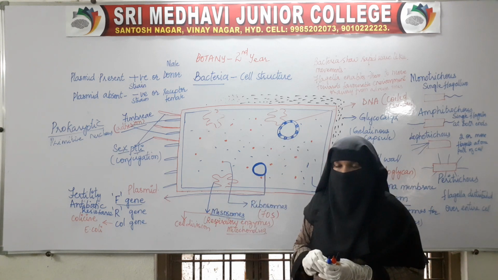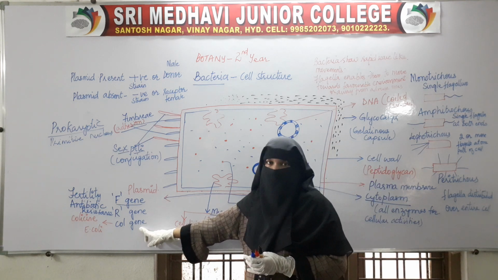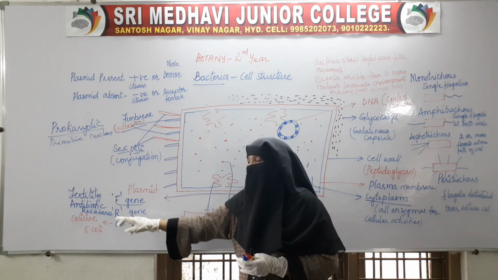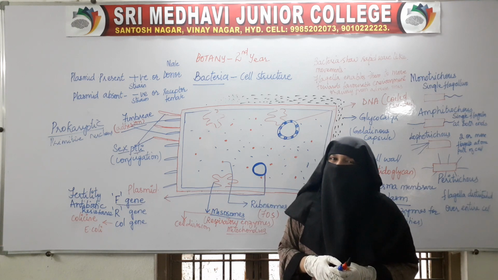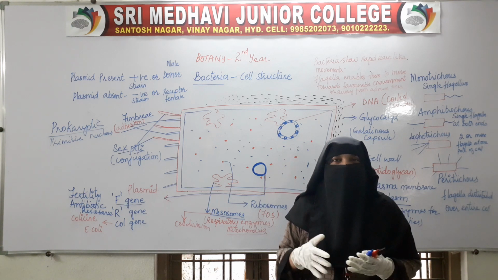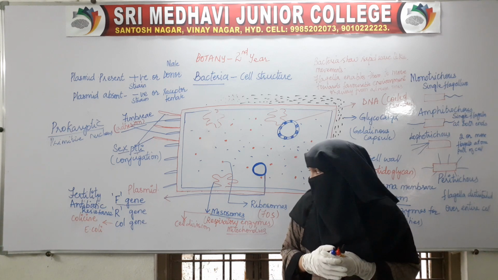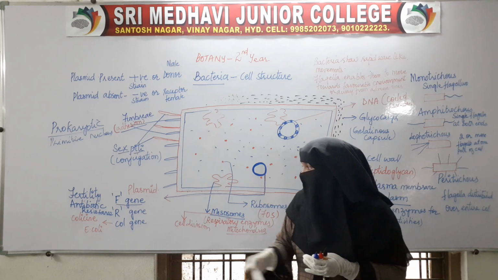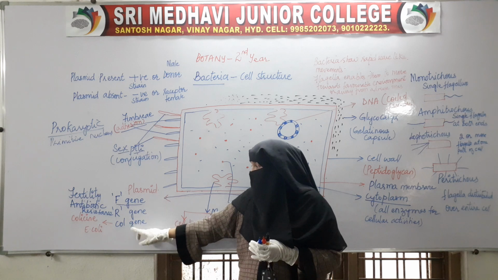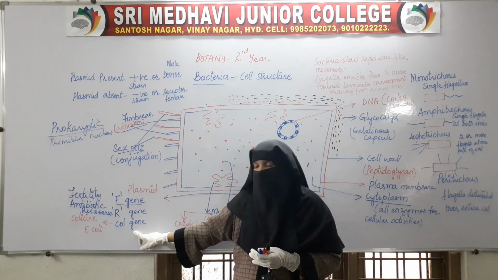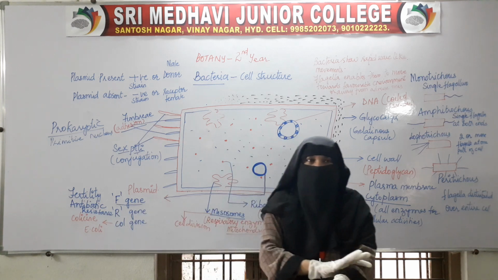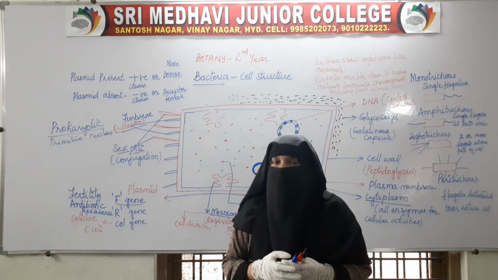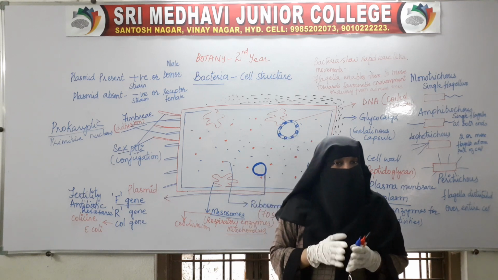Now the third gene is called the Col gene. It produces colicin, which gives resistance towards toxic substances. Third is the Col gene, which gives resistance against colicin. Colicin is secreted by Escherichia coli.